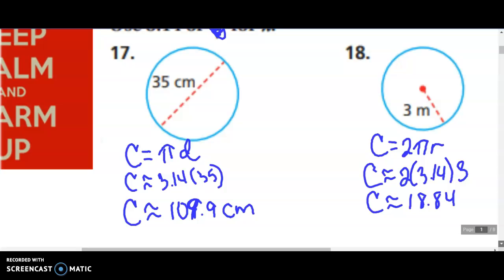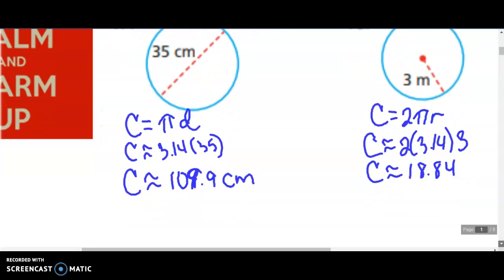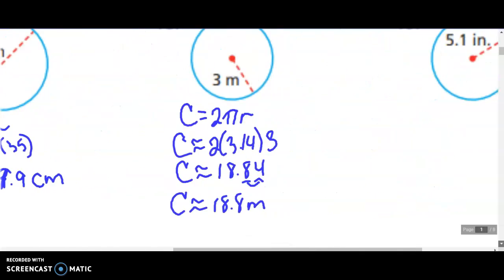The direction said round to the nearest tenth. This is not to the nearest tenth, so the 4 says go on and round down. So we're going to write this as C is approximately 18.8, and you give it the unit of meters.